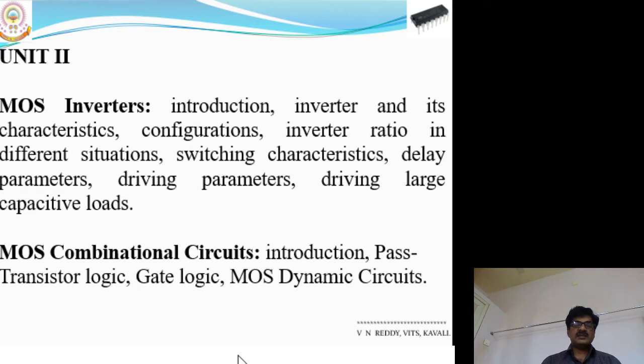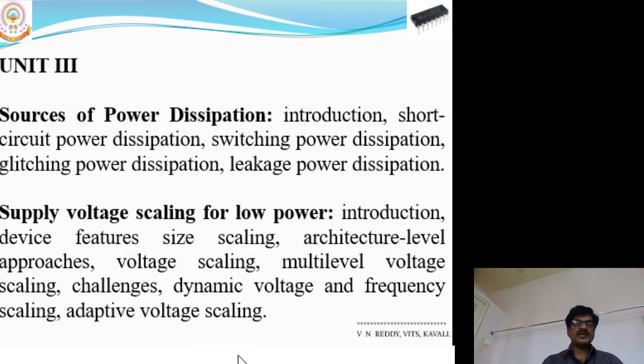Then from the third unit onwards, we discuss various methodologies to reduce power. Let us see what topics we have in the third unit. Initially, it introduces the reasons for power dissipation, and we see some expressions so that you can understand on which parameters the power dissipation depends, so that by working on those parameters you can reduce power consumption.